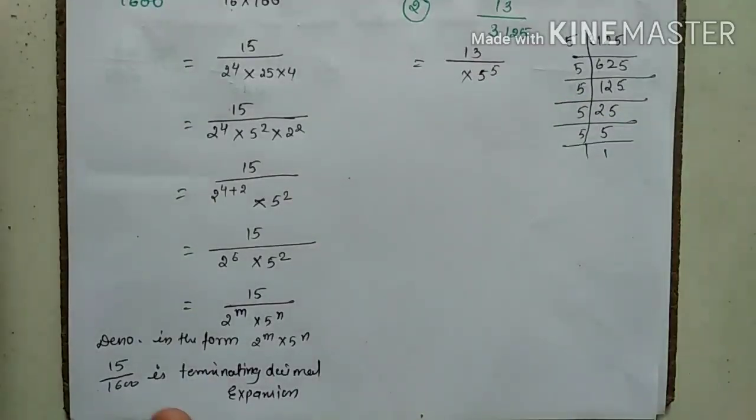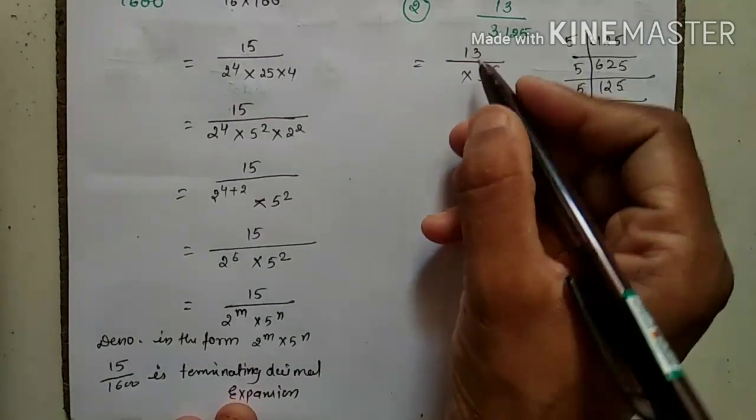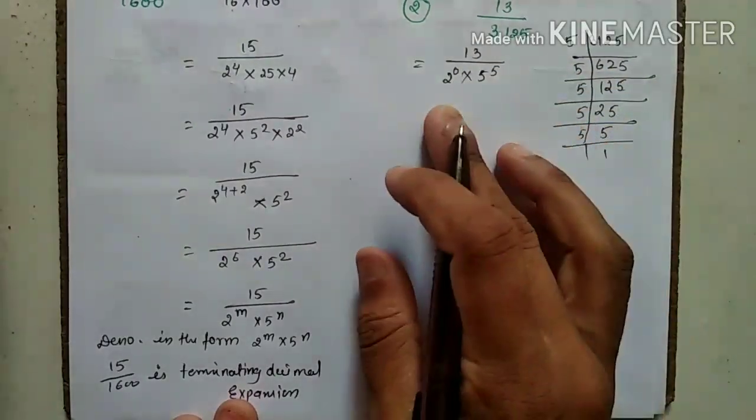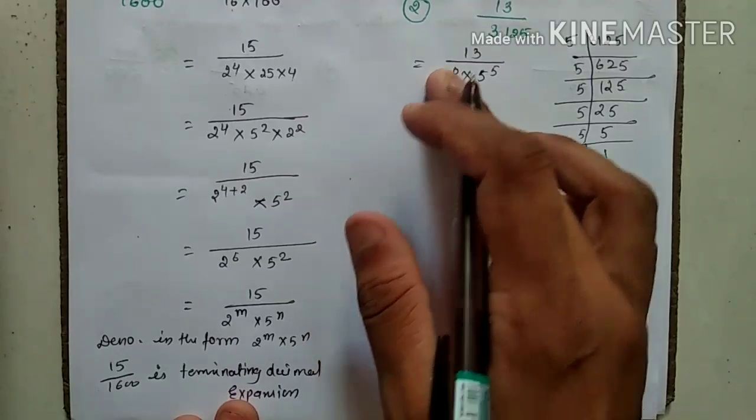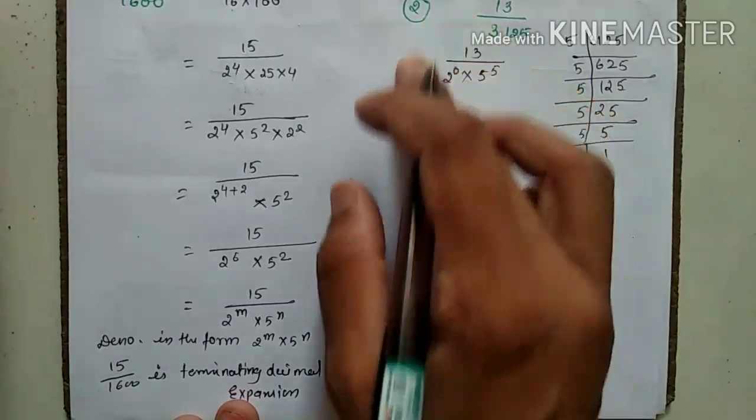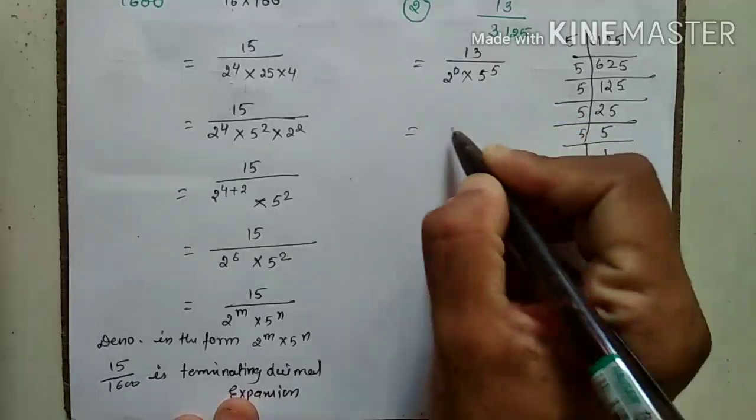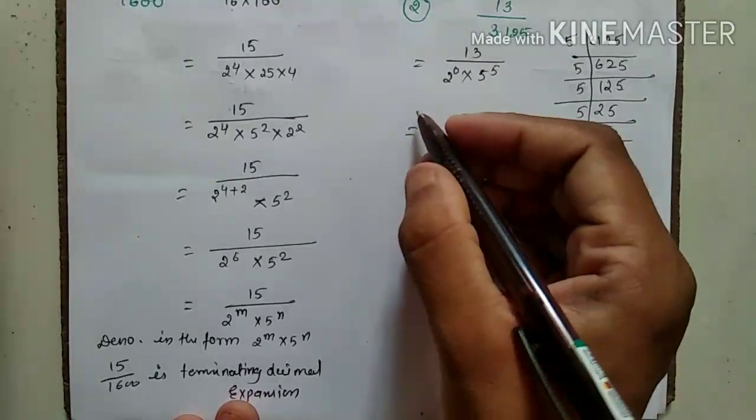As you know, for making it in the form of a terminating decimal expansion, I am including here 2's power 0. As you know, if any power becomes 0, we consider it as 1. Again the question is the same. So what can I write? Yes, what can I write?